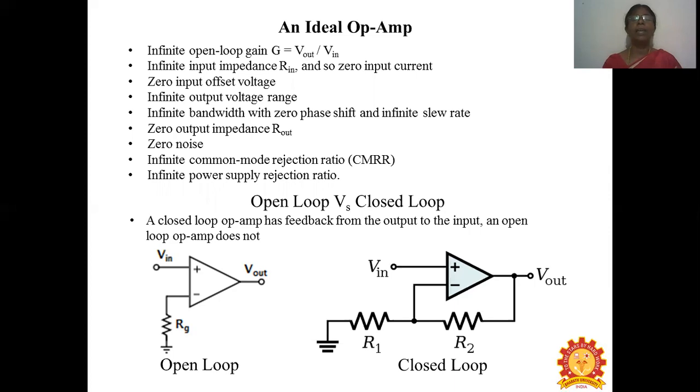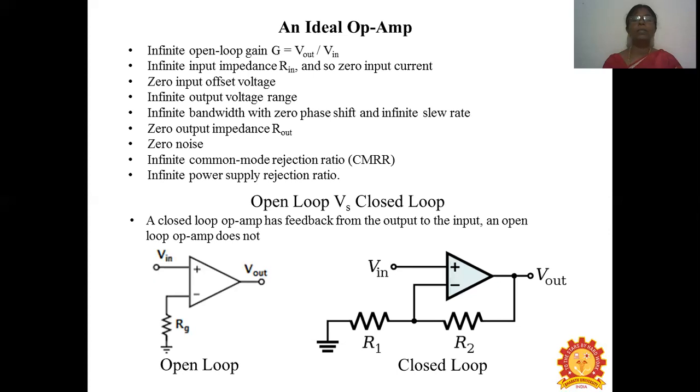And infinite input impedance, that is R input is infinite, and zero input offset voltage, infinite output voltage range, infinite bandwidth with zero phase shift and infinite slew rate.